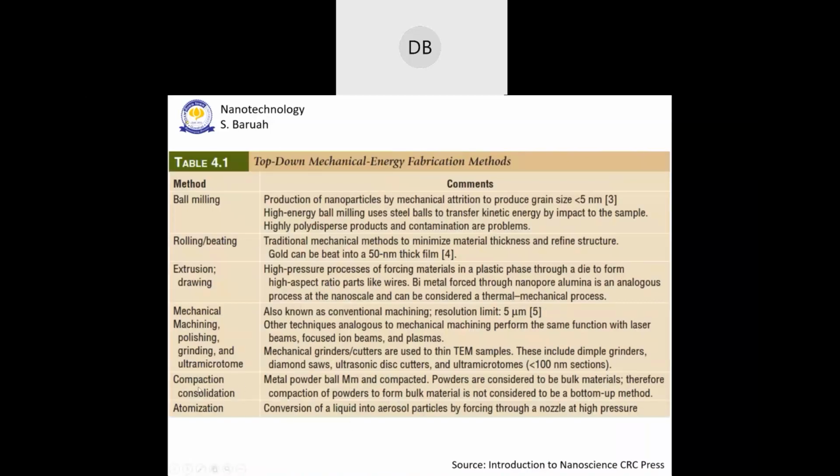Then compaction, consolidation. Okay, again, it's a process of powdering. Very similar to what we're talking about here, ball milling. So basically powdering. So compaction is basically the same process of moving around, and then you can have very small particles that can actually coalesce and become bigger particles also.